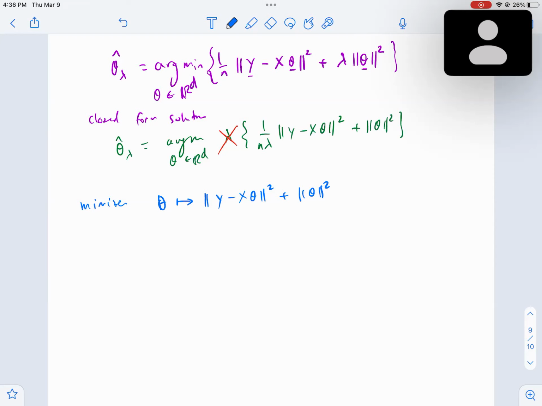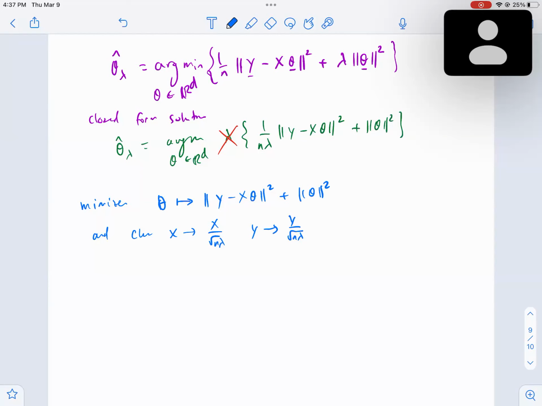So minimize this and change x to x over root n lambda, y to y over root n lambda. If I replace these, you can see that 1 over root n lambda comes out, and you get that factor there. So it's a trick to simplify. I'll solve this simpler problem, and then in the solution I just replace x and y with those, and I get the solution of my original problem, so that I don't have to carry 1 over n.